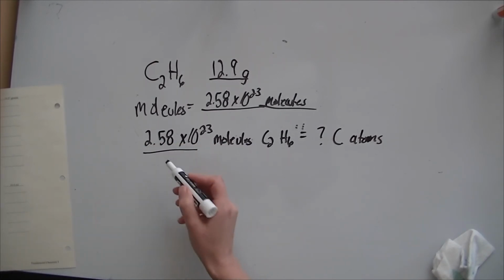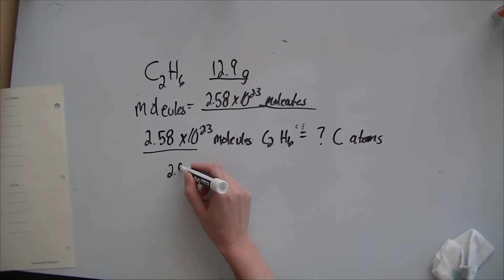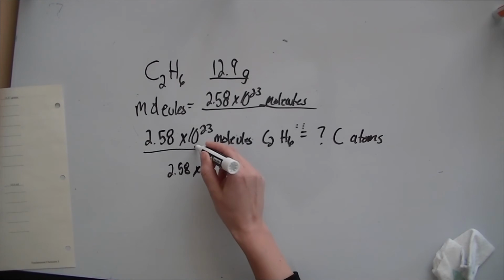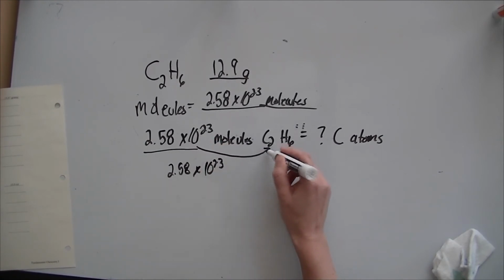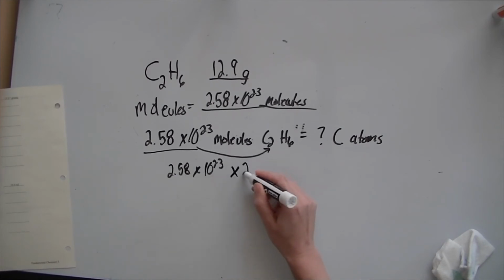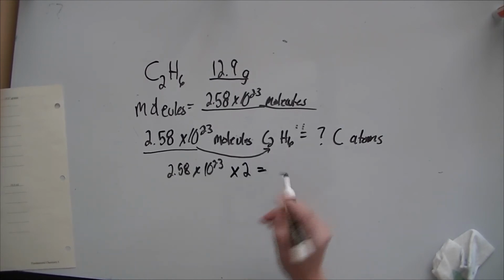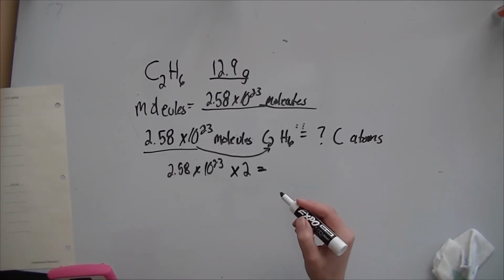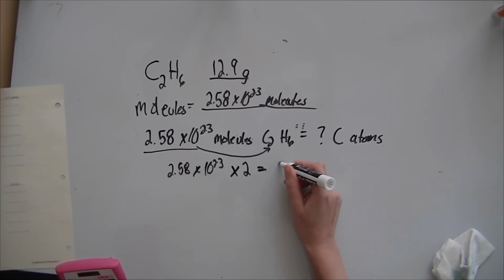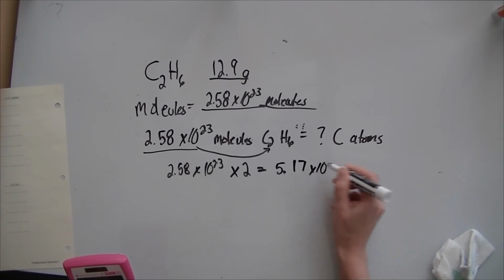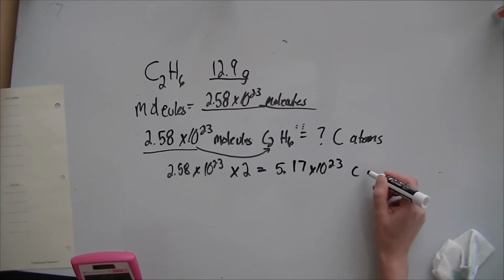So we're going to take this 2.58 times 10 to the 23rd, and multiply it by the subscript on carbon. I have 2 carbons, so I'm going to multiply that by 2. And I get 5.17 times 10 to the 23rd carbon atoms.